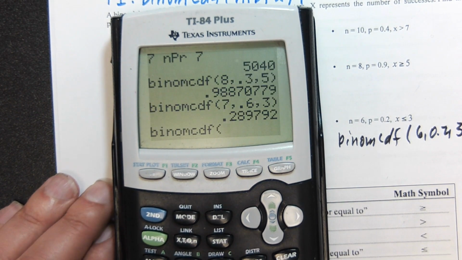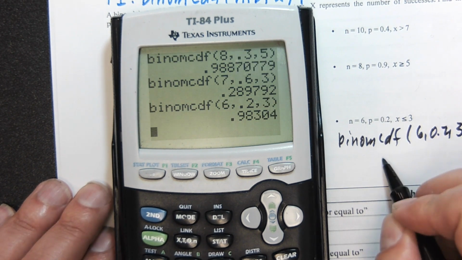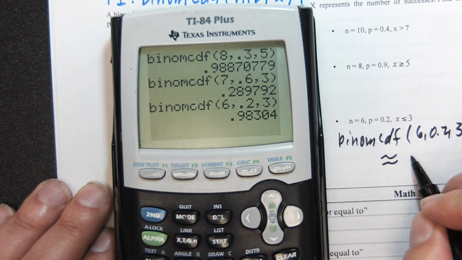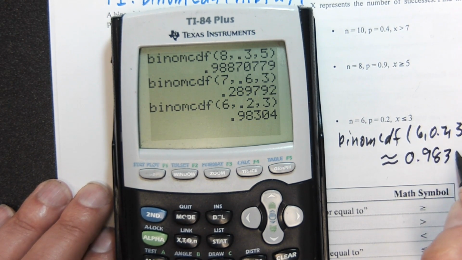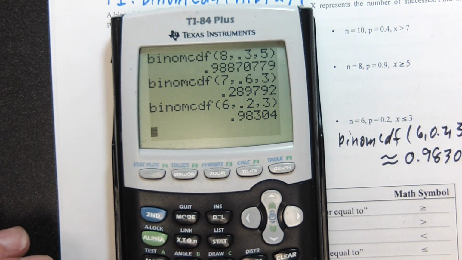Binom CDF 9, 0.2, 3. And that gives me 0.98304. Now, we don't know what these numbers necessarily mean at this point. That'll make more sense in the next video when we use an application to do this.